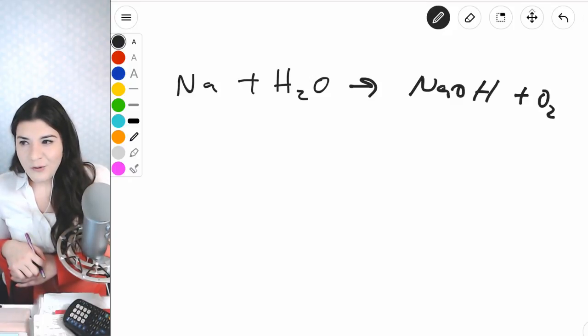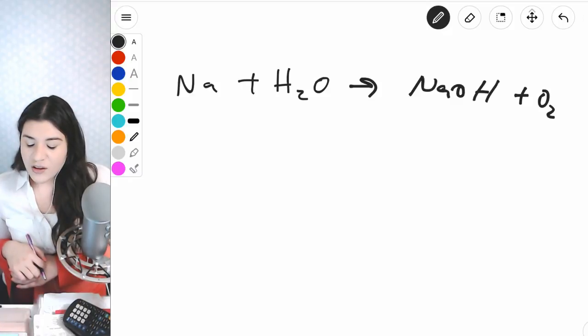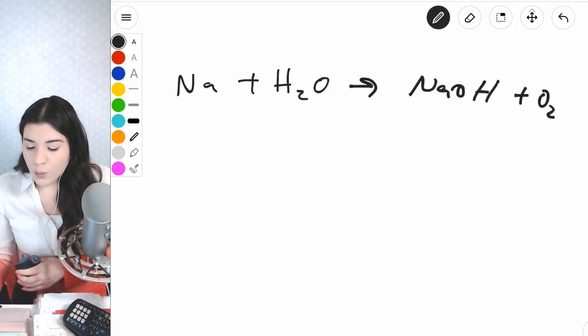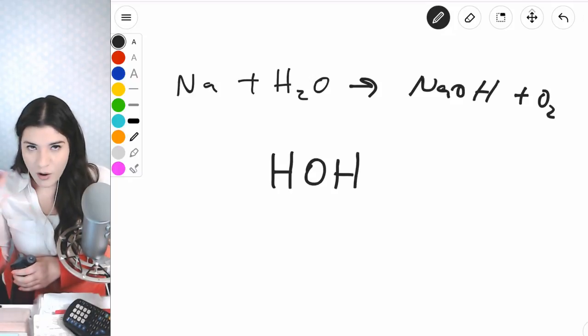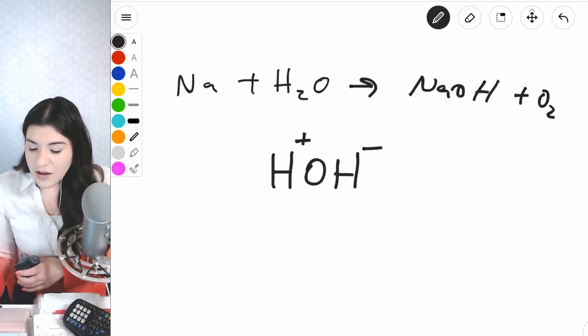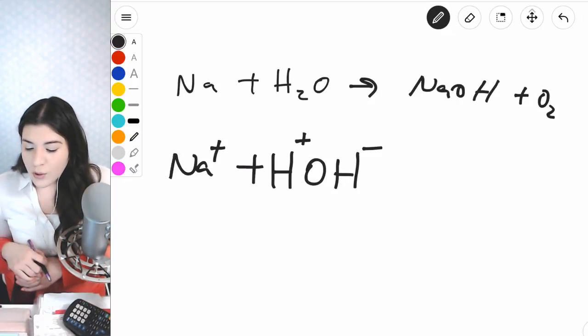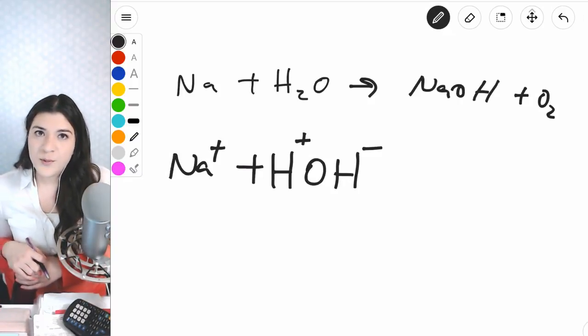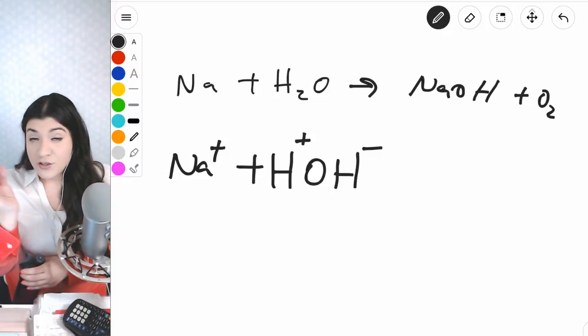single replacement reaction in a way, but when we're looking at this, think of the different charges that we have, okay? And a lot of times with H2O, we're focused on this being like HOH, where hydrogen is a positive charge and OH or hydroxide is a negative charge. And then now we're going to pay attention to our charges because we want to see which ones are going to attract each other.